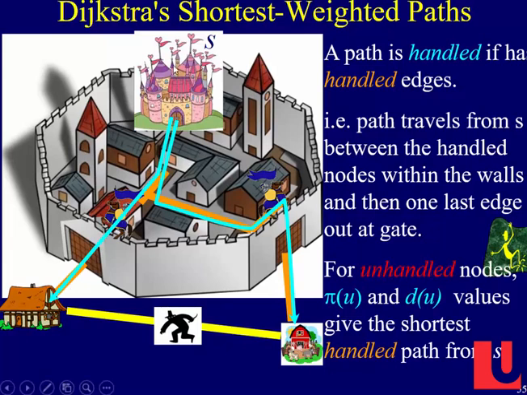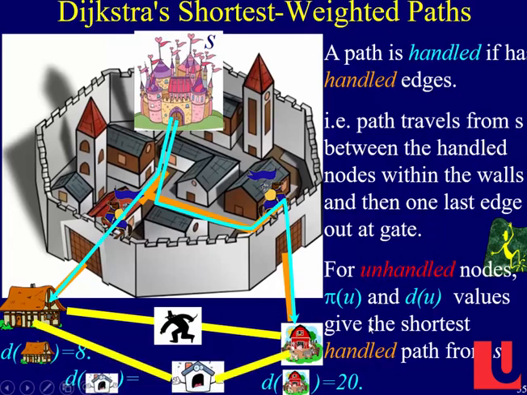So here, this little house has this path from S to the house. If that's the shortest such path, then the d of u will tell you the length of that path, and the pi will tell you the parent back into the castle walls. So here, maybe we know that the length of this path is 8, and the length of that path is 20.